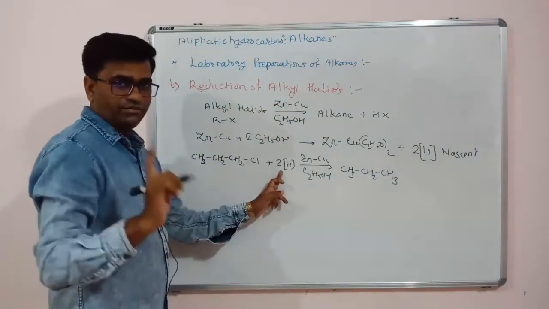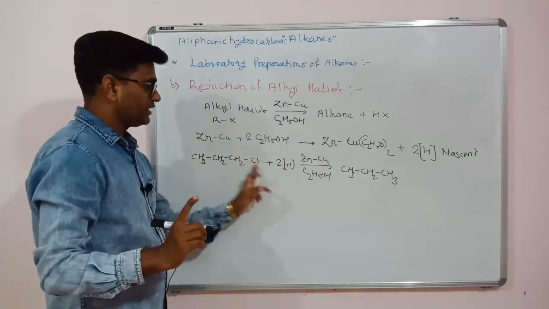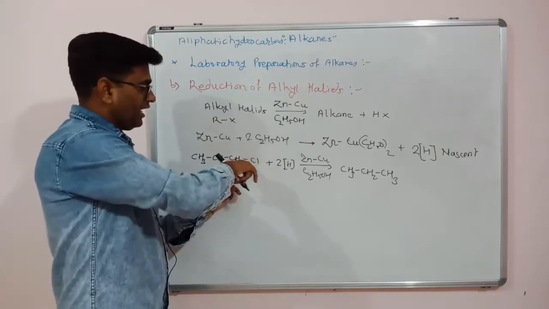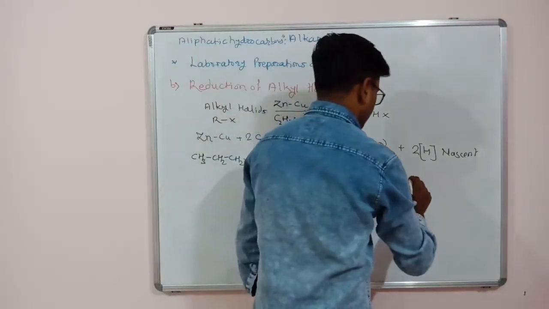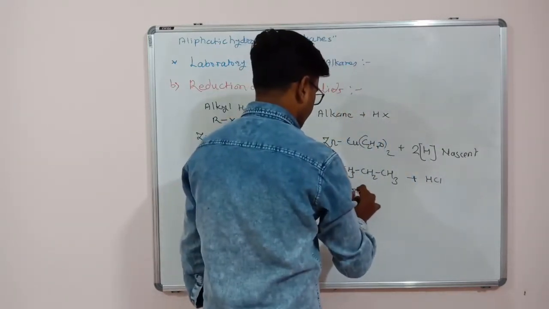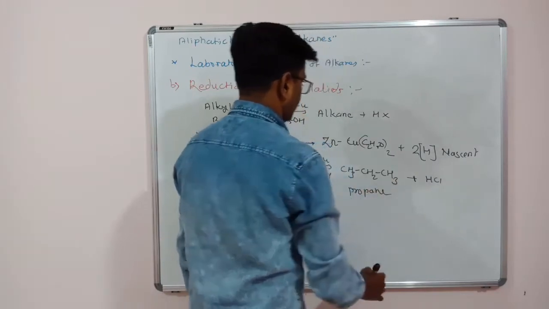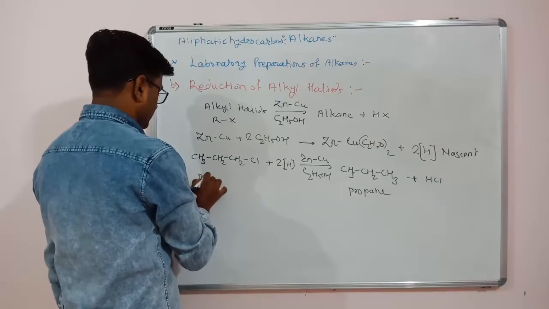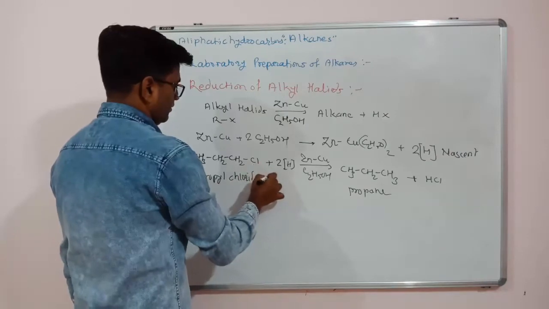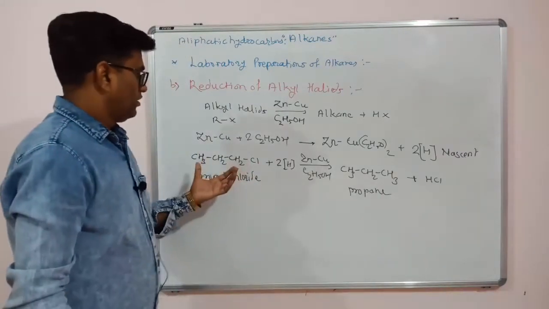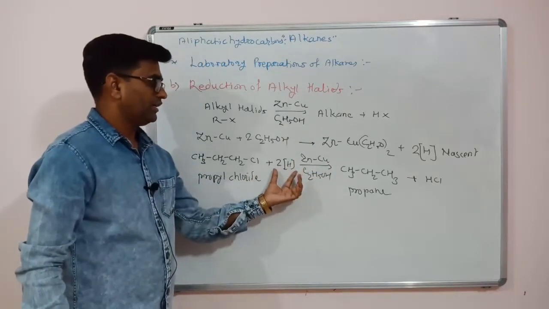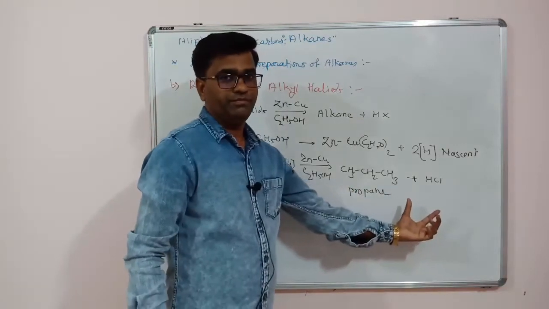This Cl is replaced by one hydrogen, so that forms HCl, while another hydrogen is added to this carbon, so CH2 becomes CH3. Halogen is replaced by the hydrogen and the byproduct is HCl. So we will get propane as a product from propyl chloride. So propyl chloride on reaction with Zn copper in ethanol gives propane.